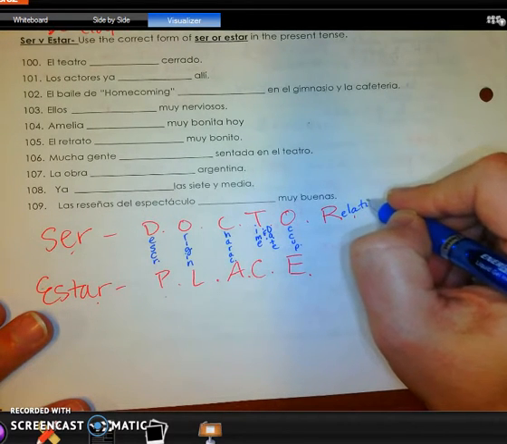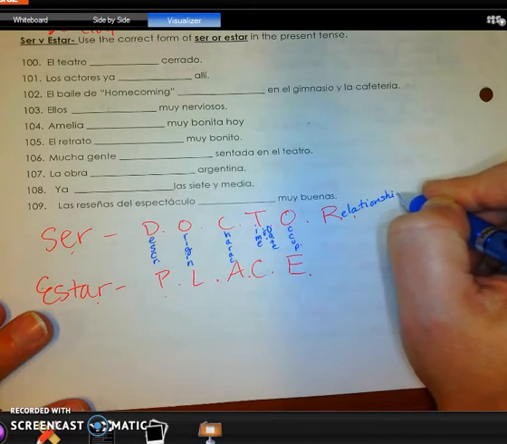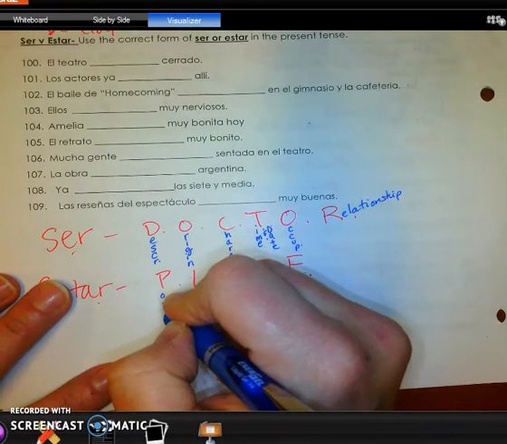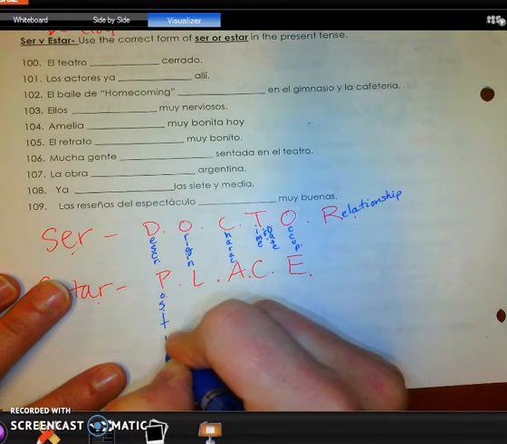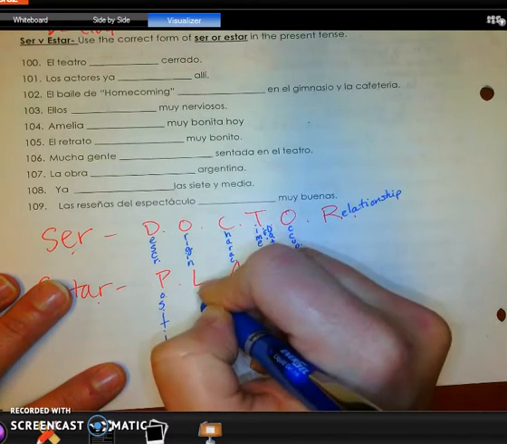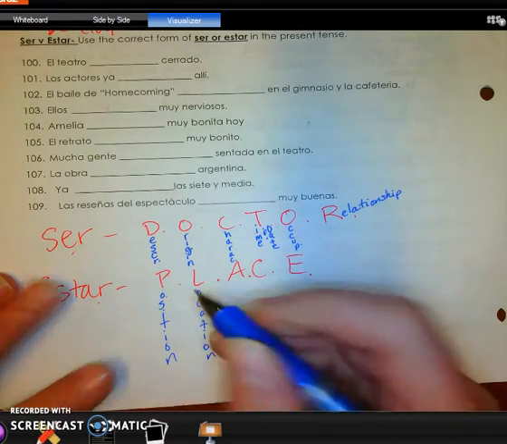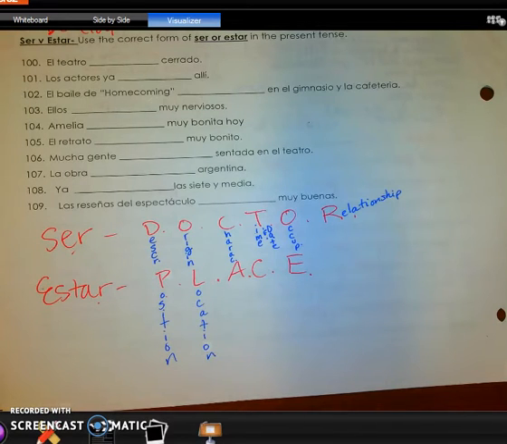R is for relationship, like how do you know that person, right? Estar is place. P is for position. L is for location. Those are basically the same thing. I think people just got sick and tired of saying place and they wanted something fancy, so they're like position. So position and location, same thing.